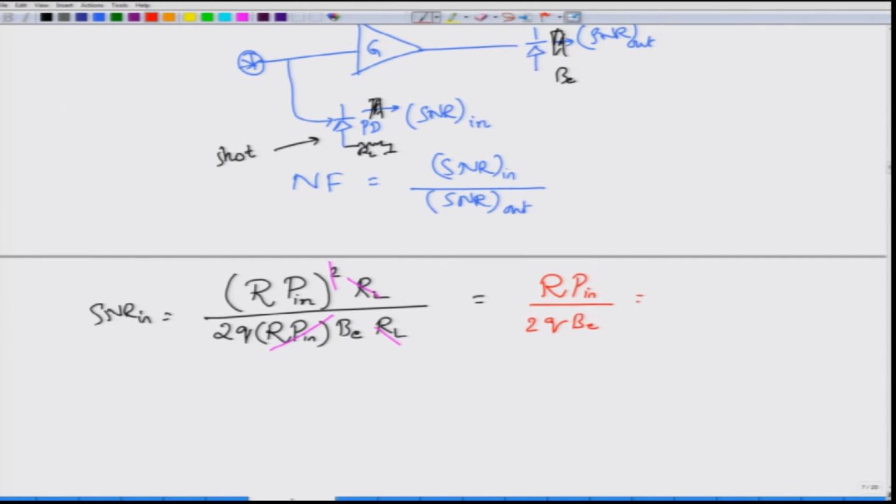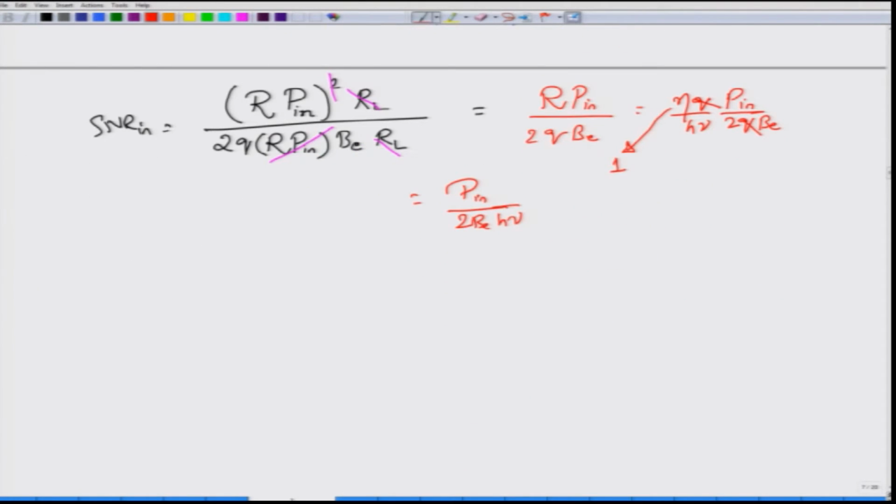R itself is given by eta q by h nu, so you get eta q by h nu times P in divided by 2q B_e. You can clearly see that q cancels, and then if you assume that eta is equal to 1, you get P in by 2 B_e h nu. Okay. So, you can assume that this is given by P in by 2 B_e h nu.